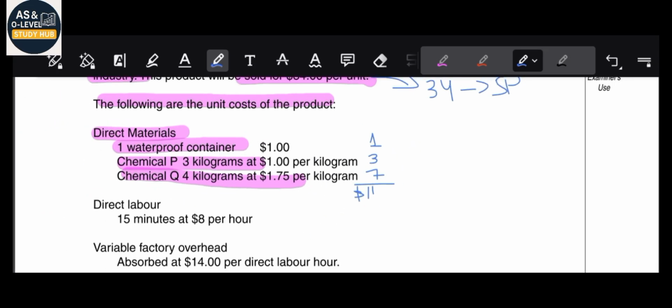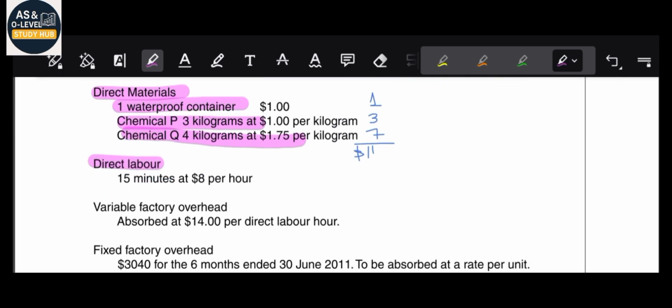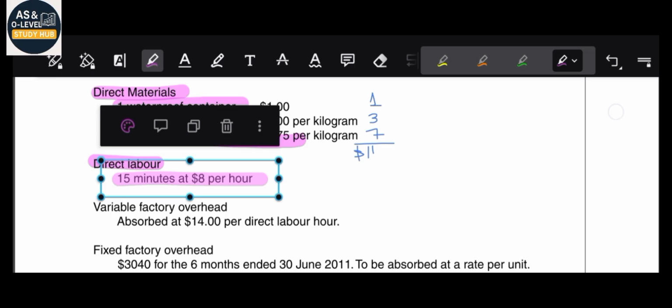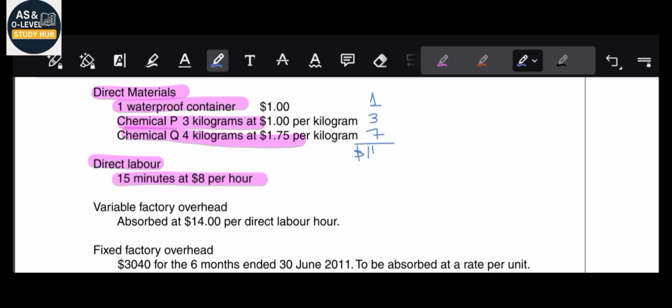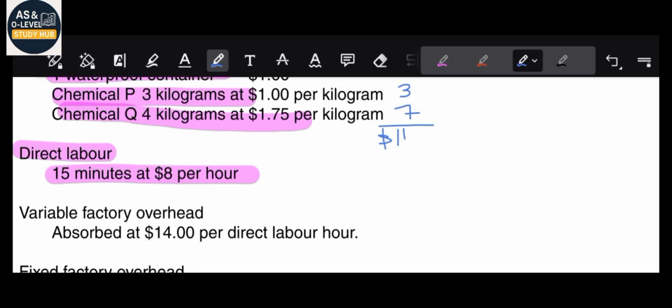Moving to the next, direct labor, 15 minutes at $8 per hour. First we will convert 15 minutes into hours, because the wage is given as an hourly rate.